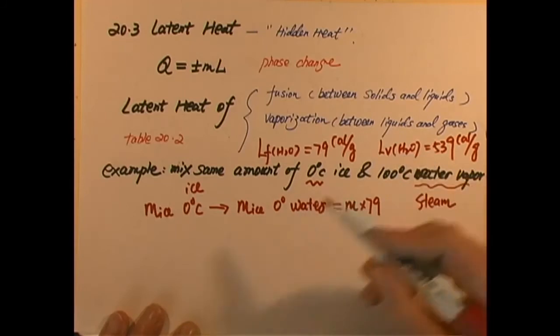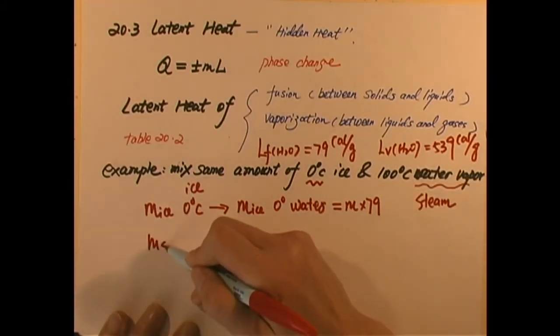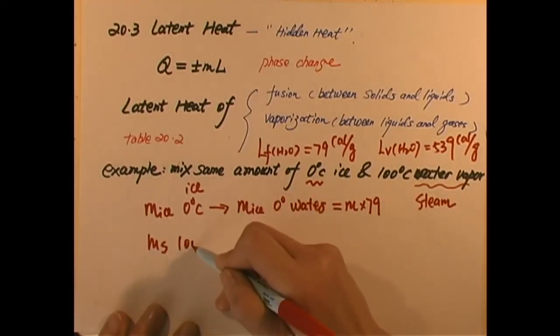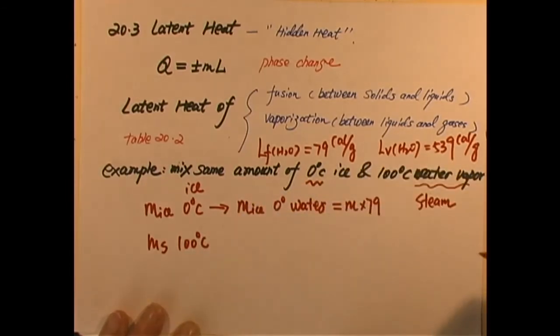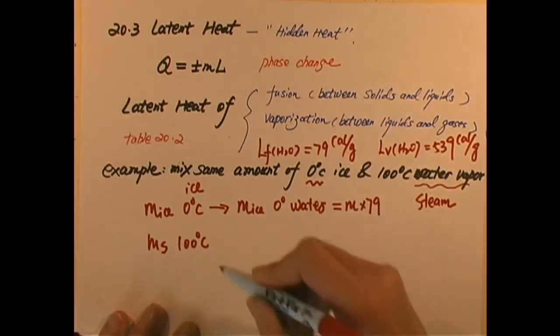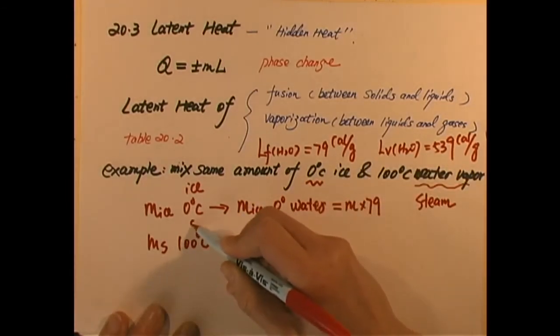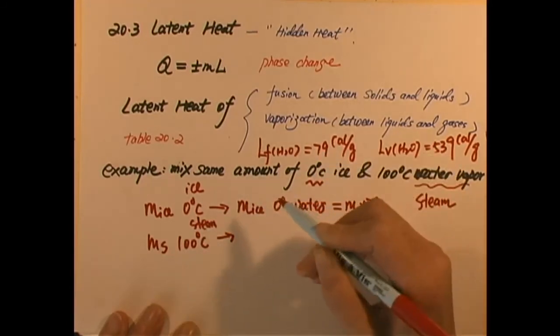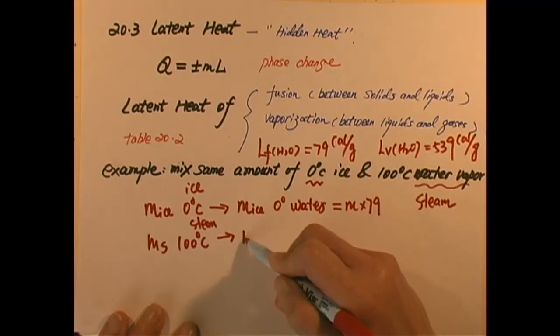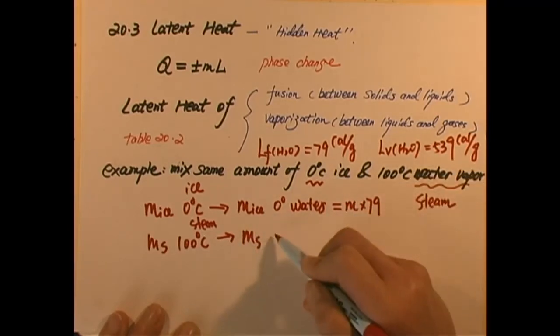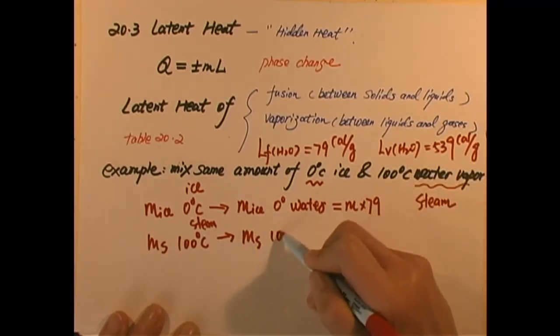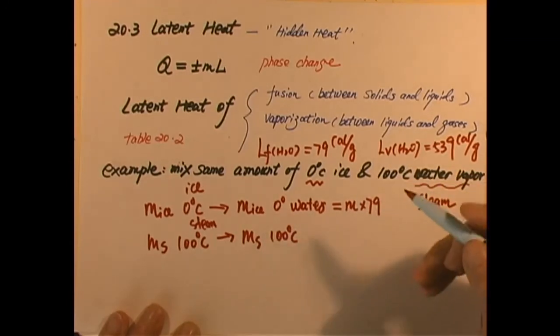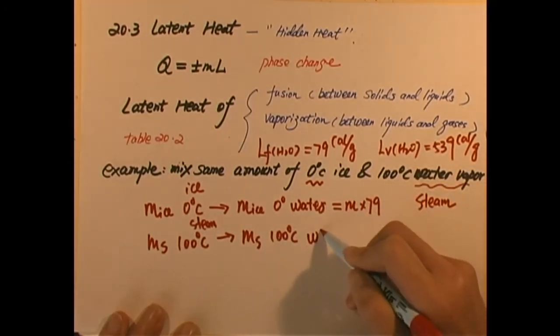Let our steam condense. So m grams of steam, which is at 100 degrees, at the temperature which is ready to condense. So it's steam, and it changed to, the mass is still the same, the temperature will still be 100 degrees Celsius, but now it's water, it's condensed.